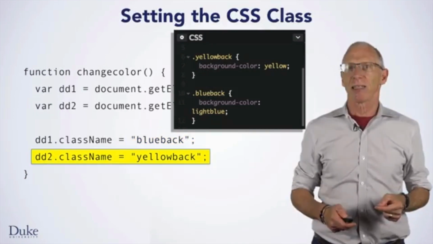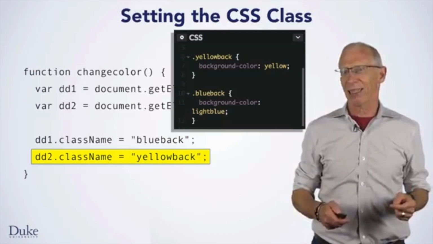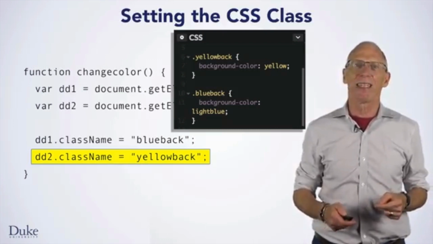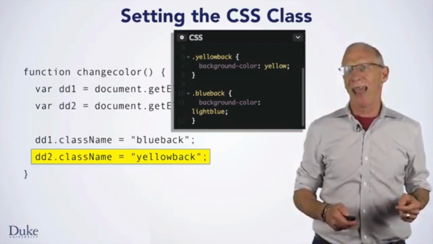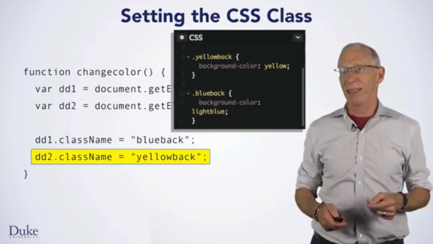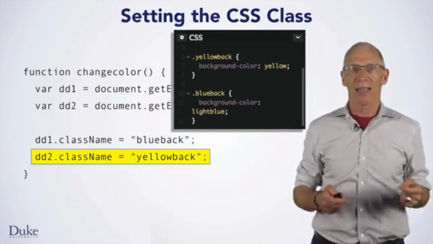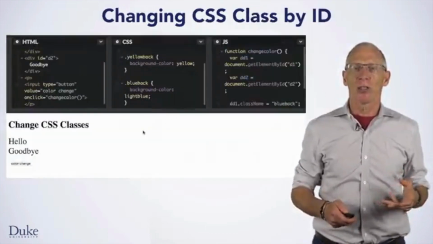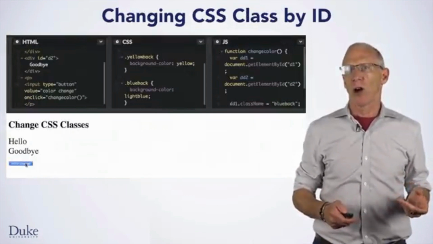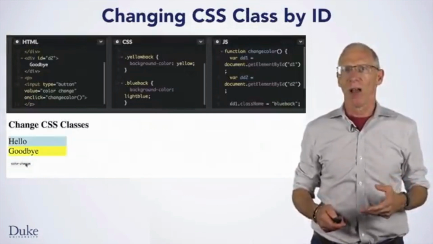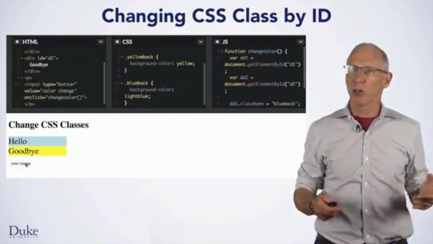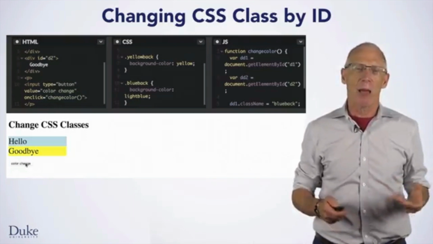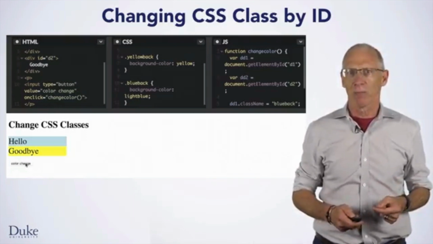The next line similarly assigns the class yellowback to the variable dd2, which is storing the HTML element with ID d2. Again, in action, using the onClick event handler to call the JavaScript function changeColor assigns these CSS classes to the chosen HTML elements, and we see the background change.